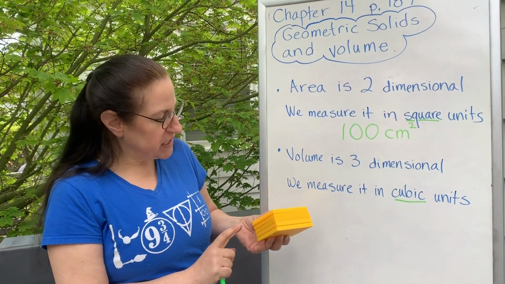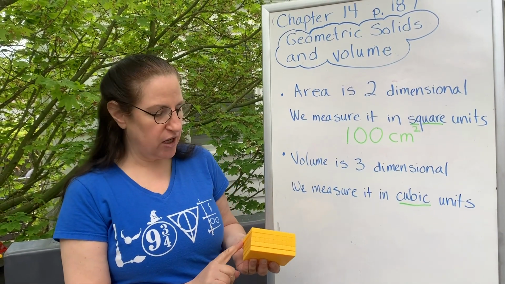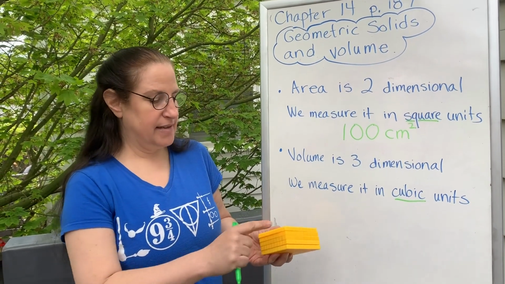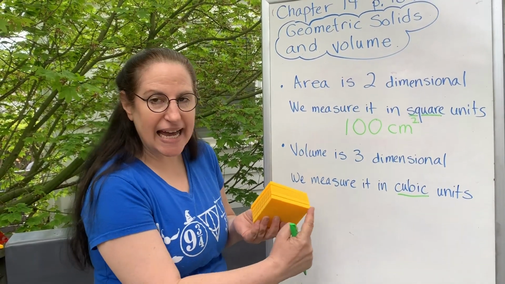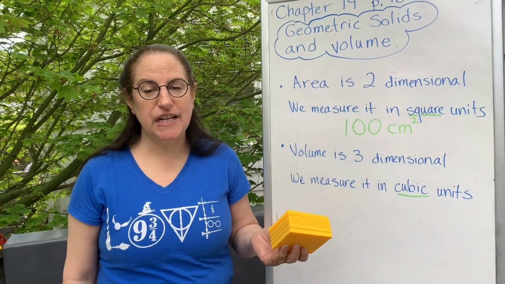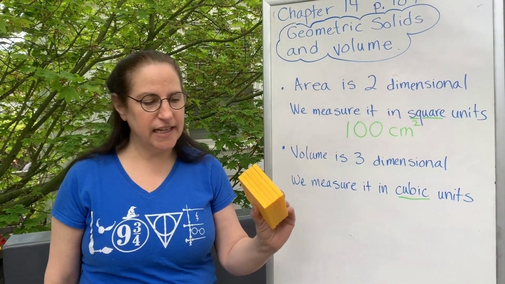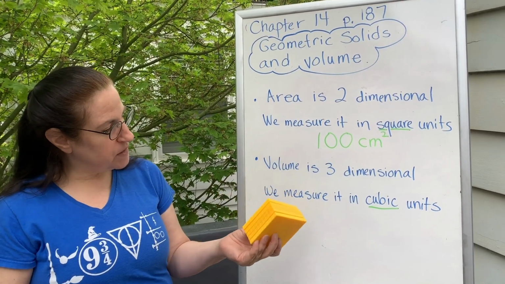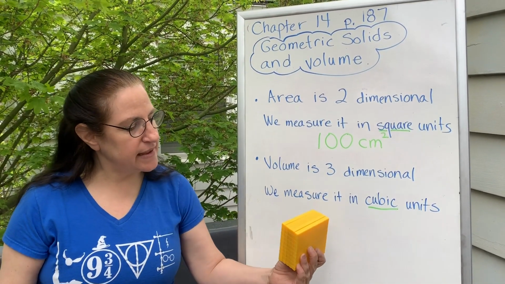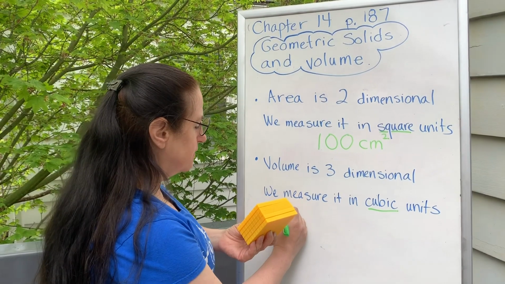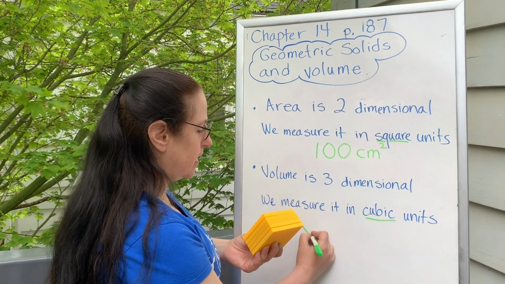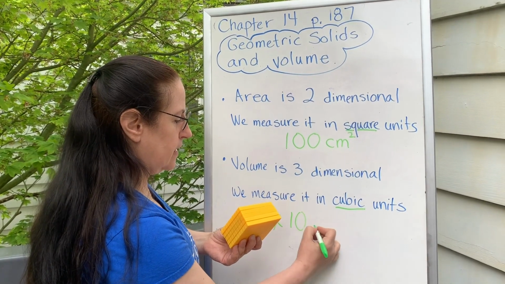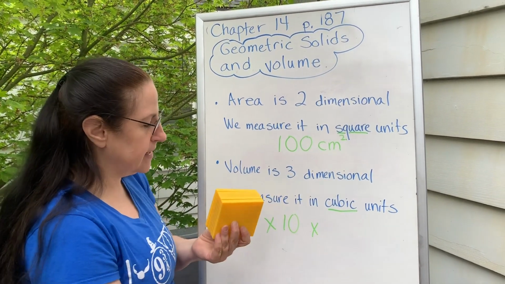So let's test it out with this geometric solid. We can remember our formula of length times width times height and multiply those all together and find out how many little yellow cubes are in this geometric solid. So we can see that it's 5 times 10 times 10.